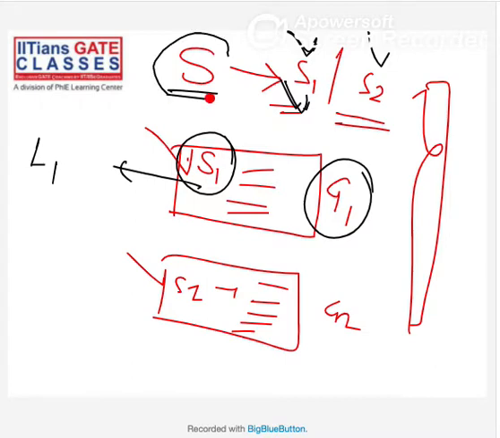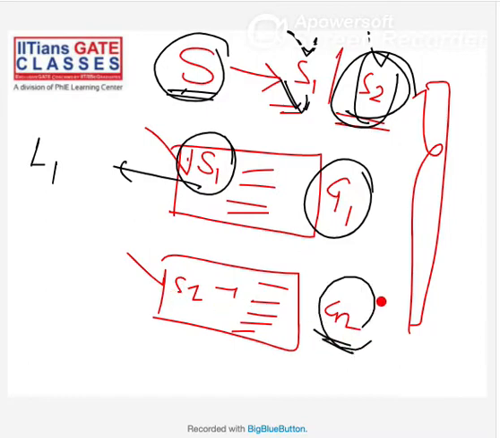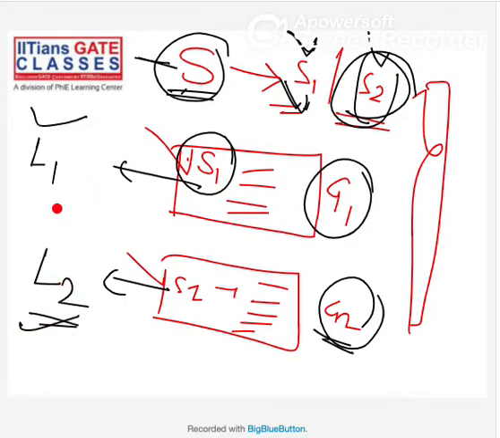S can also go to S2, the starting symbol of G2, which is the grammar for L2, so you will generate L2. Basically, this grammar will generate L1 union L2.